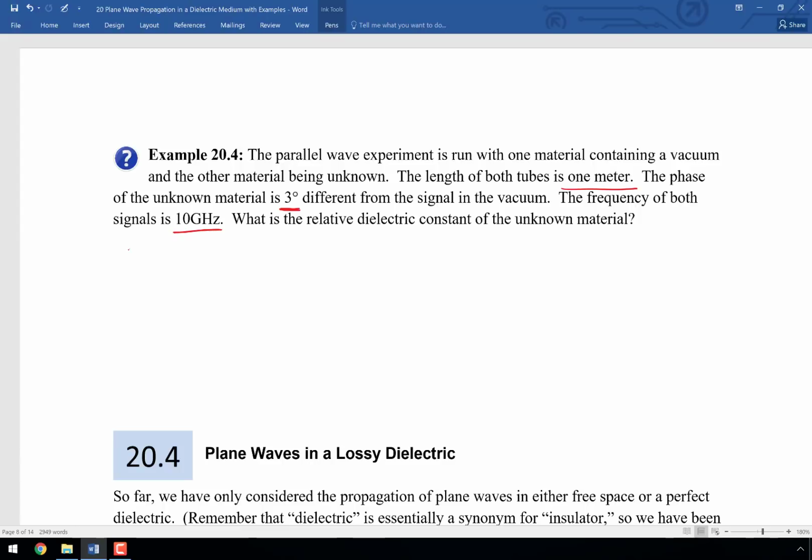Okay, so let's say delta phi is equal to 2 pi f times the square root of epsilon 0 mu 0 times the square root of epsilon r1 minus the square root of epsilon r2, and then that's all multiplied by delta z. And I should say, I know that the delta phi is 3 degrees.